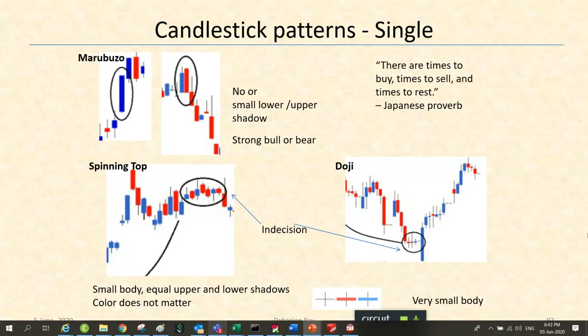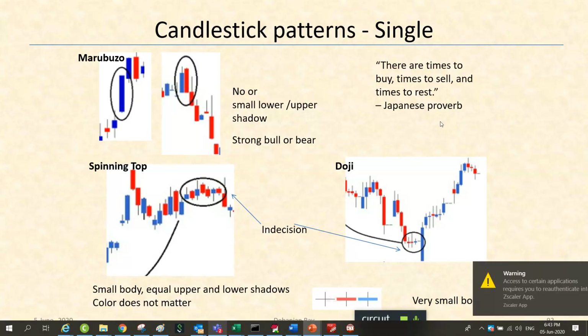The first is the Marubozu pattern. The Marubozu pattern is characterized by a long body. This is called the body, as you know, and upper shadow, lower shadow. So there is a large body. Practically, there is no upper shadow, or even if the upper shadow is there, it will be very, very small.